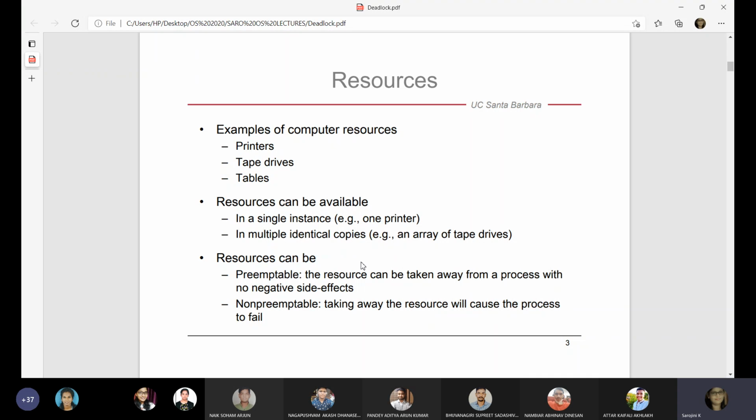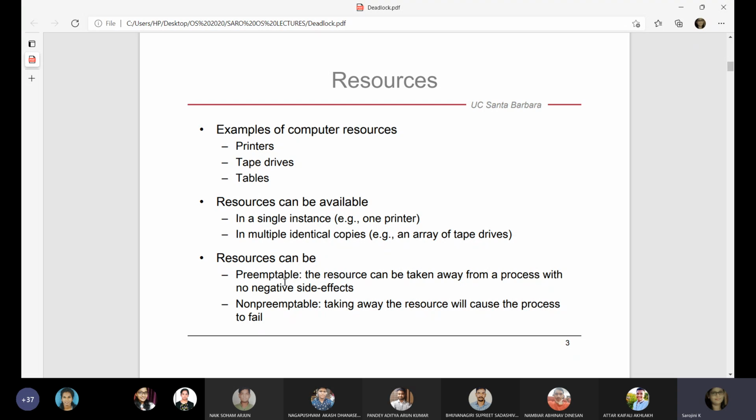A system can have only one printer, or it can be attached to more than one, for example one color printer and one black and white printer. It is not necessary that only one of each type of resource is available in the system.